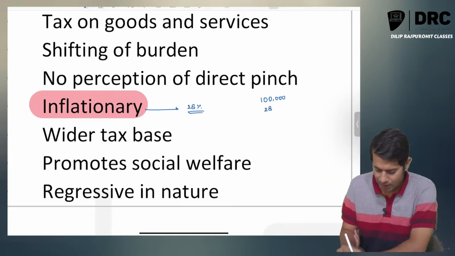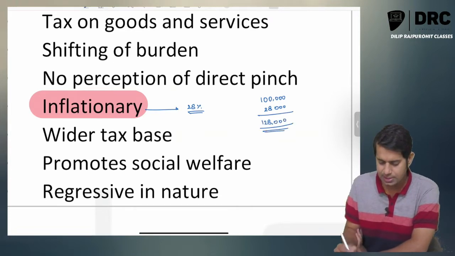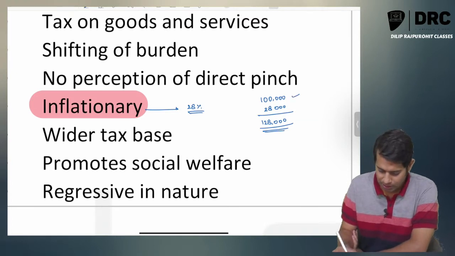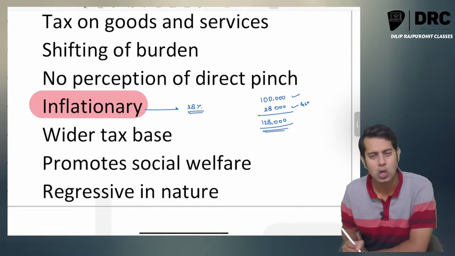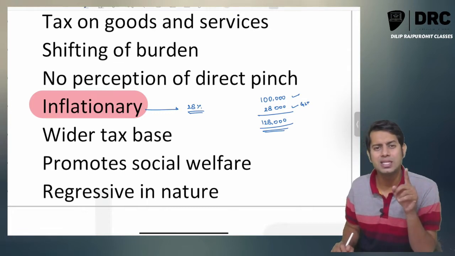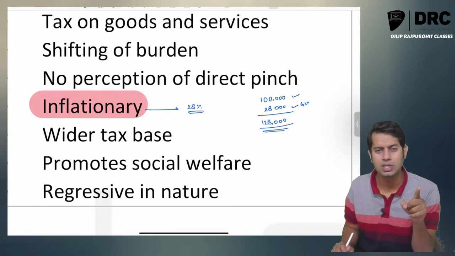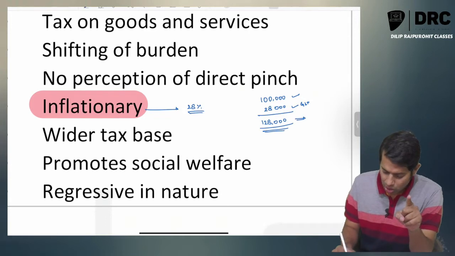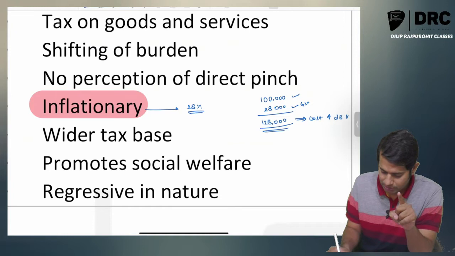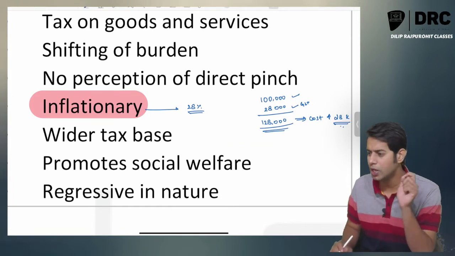Now, you have to pay 28,000 rupees. So the total amount you have to pay for this TV is 1,28,000 rupees. 1 lakh is the base price, and 28,000 is the GST which you have paid. Because there is an indirect tax collected by the government from you, the cost of this TV for you has increased by 28,000 rupees. I hope you are understanding this.